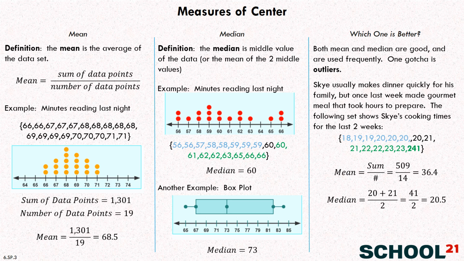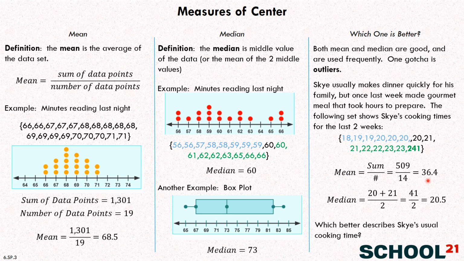Now the question is, which is a better representation of how much time it usually takes Sky to cook a meal? You can see that the median seems to be right about the middle of the data, but the mean is being thrown off by this outlier, 241, because it's saying the middle of the data is 36.4.